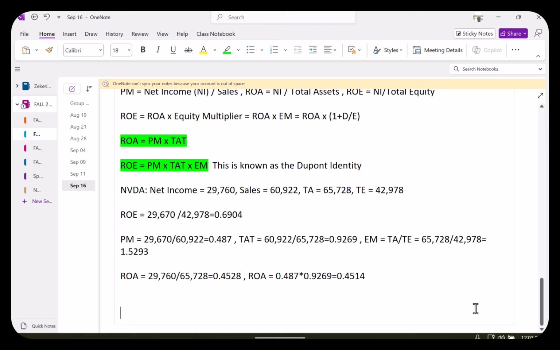Now, let's talk about the growth ratios, and I'll send you guys home. There are two types of growth ratios. One is called the internal growth rate.